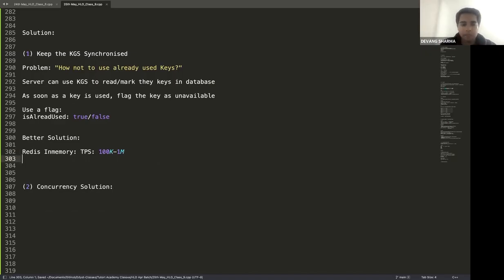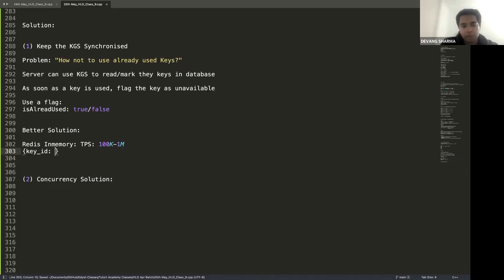This in-memory database is just going to keep, let's say, the key ID, and just the key ID, nothing else. Either you can mark it as true or false or something, which is fine. That's it. Okay. So it's just going to store the key ID there, whichever key ID has already been used.